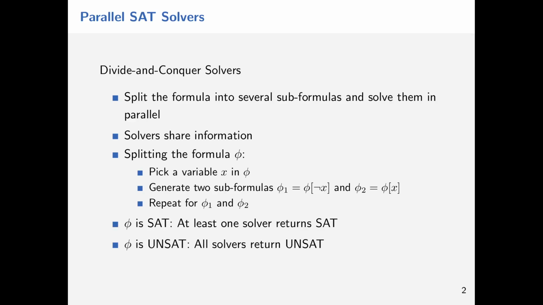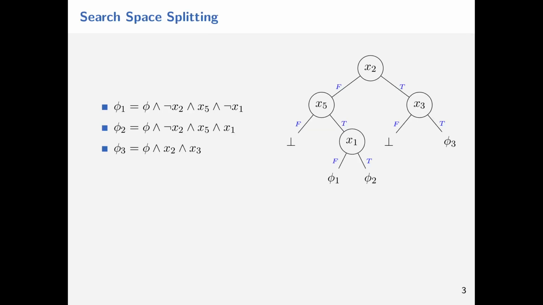The formula phi is SAT if at least one of these backend solvers returns SAT, say that one of the subformulas is SAT. But to prove that the whole problem is UNSAT, we need to prove that all of the subproblems are UNSAT.